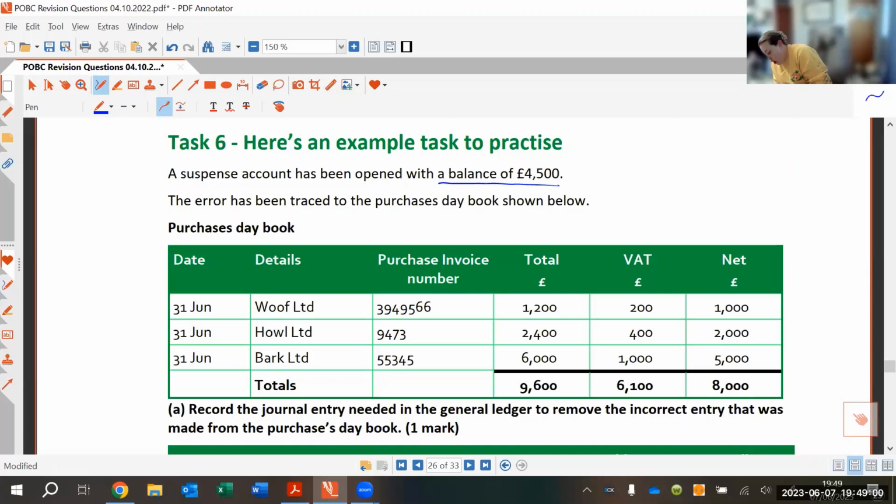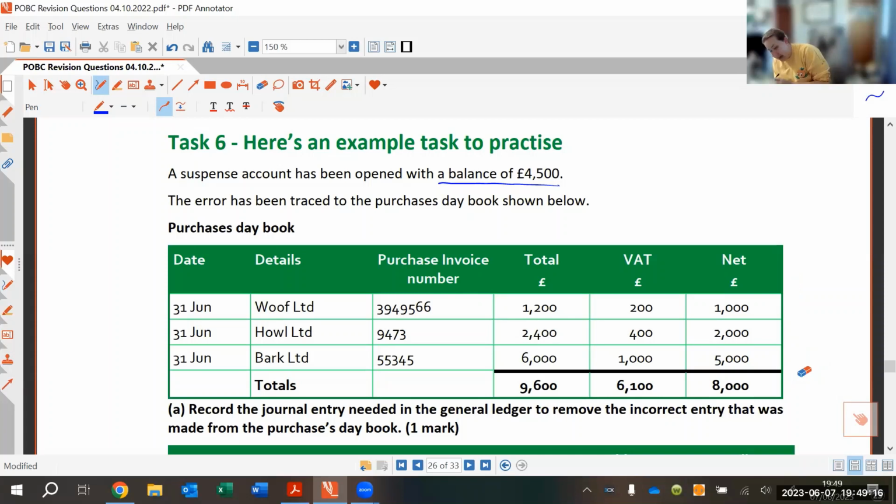I would check each transaction, make sure that they've calculated the VAT and everything correctly, added it all up, and then I'd be looking at each column, adding it downwards just to make sure that they have done it right.